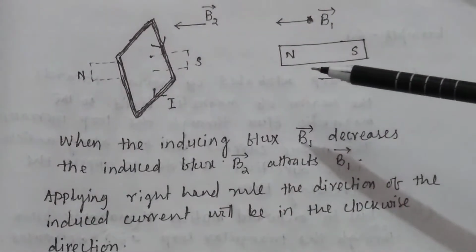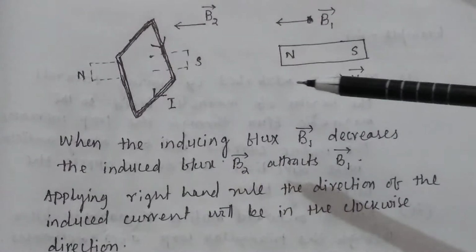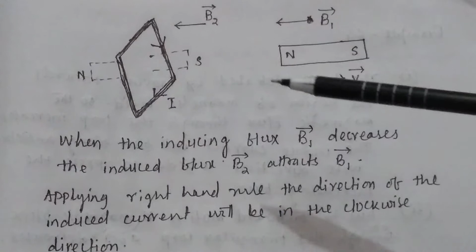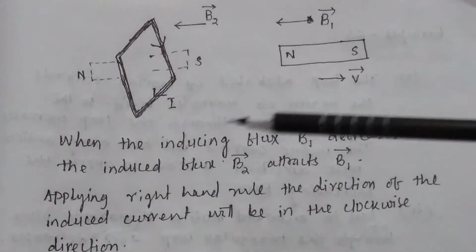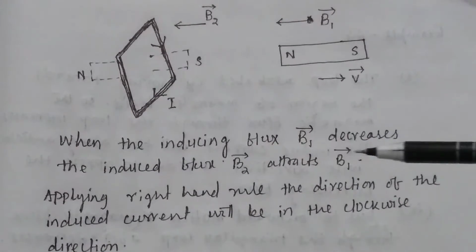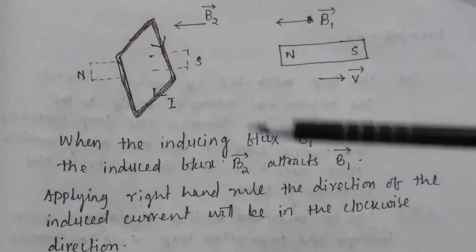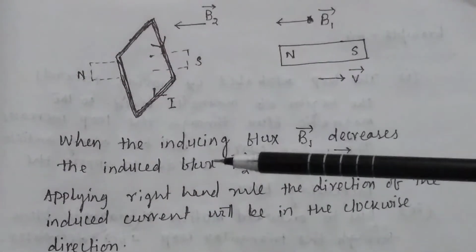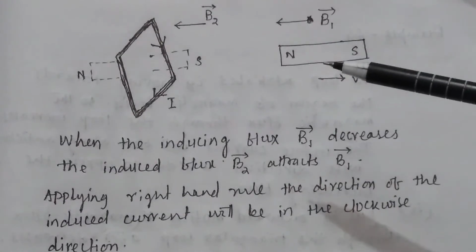And when you bring the magnet away from the coil, the inducing flux B1 decreases. So when the inducing flux B1 decreases, the induced flux B2, which is produced by this coil, attracts B1.